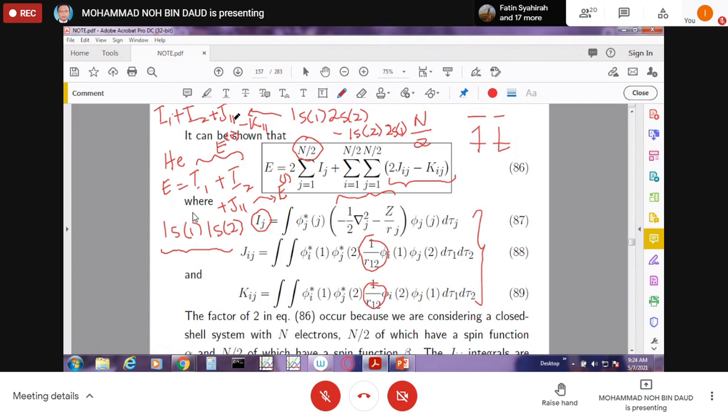We already solved this using perturbation theory, and you get a similar answer for the total energy.